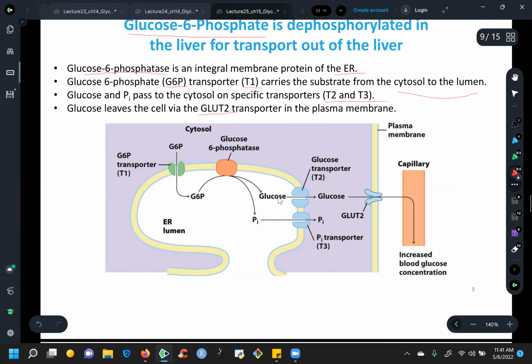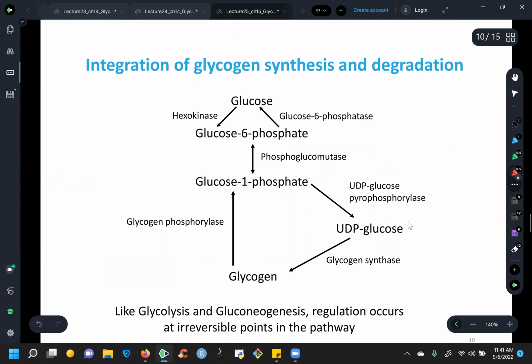So glucose can't be phosphorylated if it's going to leave the cell. As long as glucose is phosphorylated, it is trapped inside of the cell. So here they're talking about how they get rid of the phosphate and then how glucose leaves through its transporter into the capillary to increase blood glucose concentration, like we said, for the brain and for the other organs.